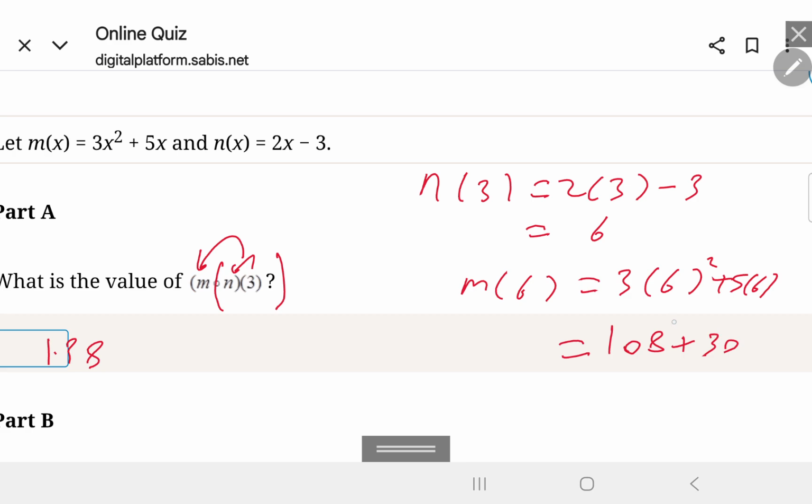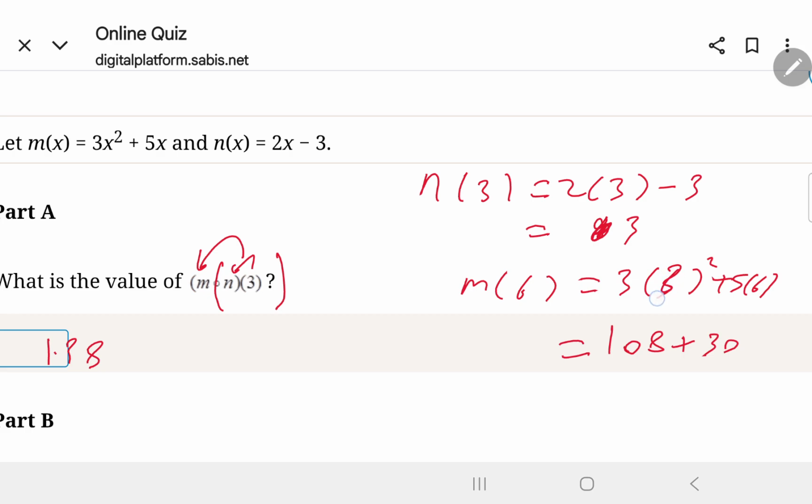One second, I made a mistake. 6 squared here. Yeah, 6 squared is 36. Yeah, the mistake is here. So this is not 6, this is 3.